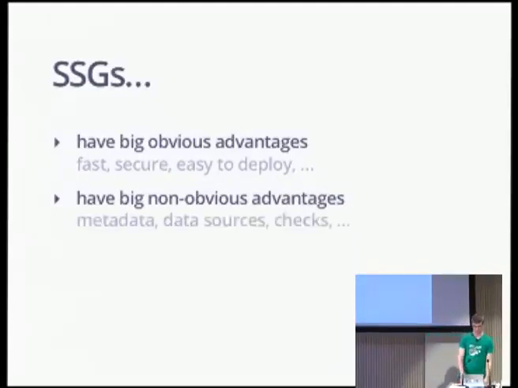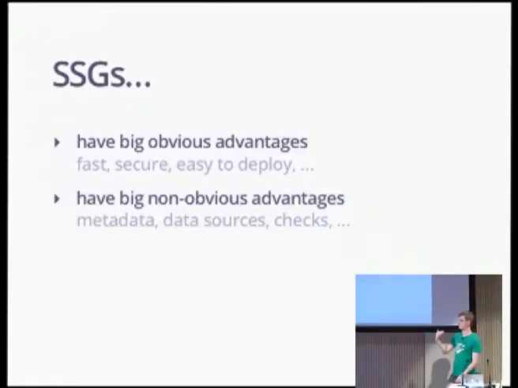The metadata, okay, maybe that should be one of the obvious ones, but that gives you a lot of power, like basically free-form data that you can modify and compile. Data sources also. Without data sources, the FOSDEM site wouldn't exist as it is right now.